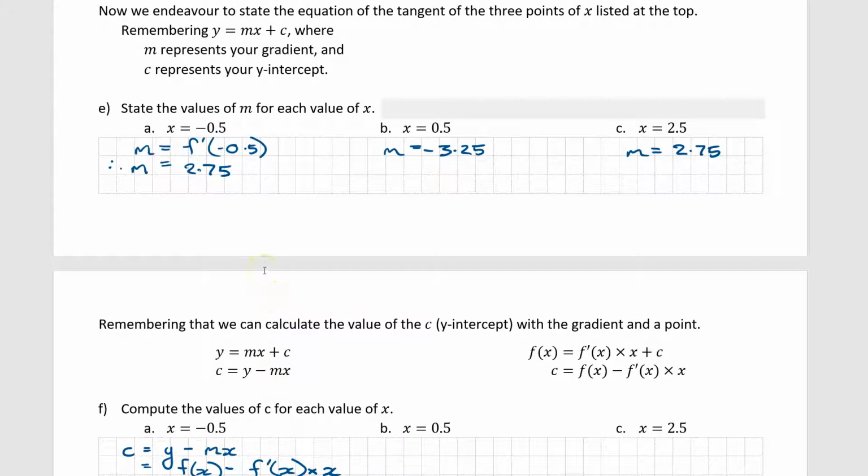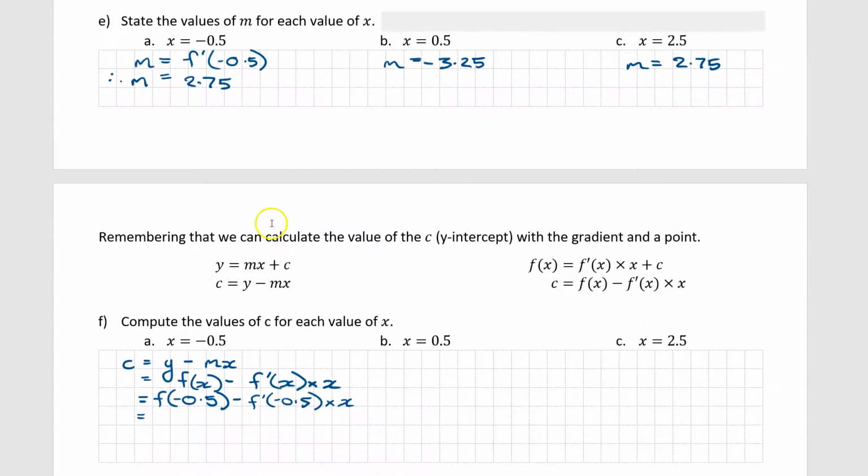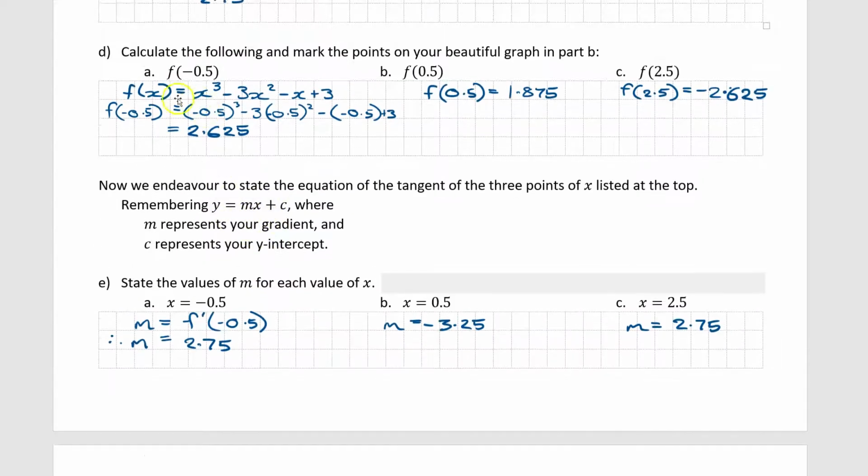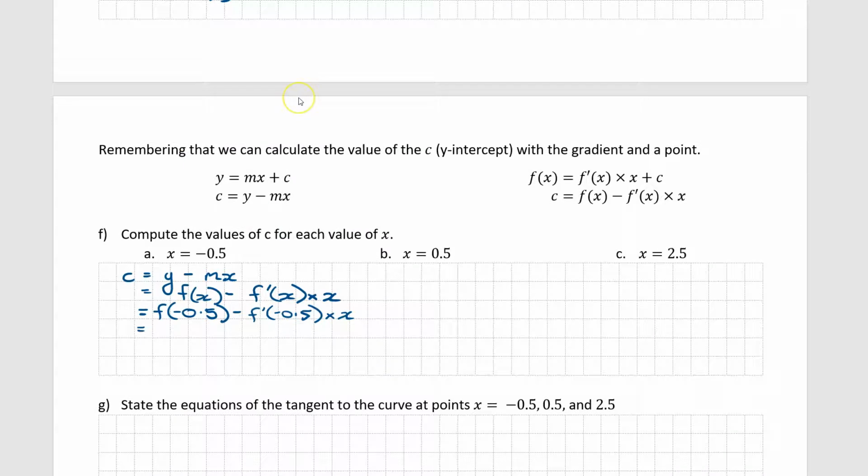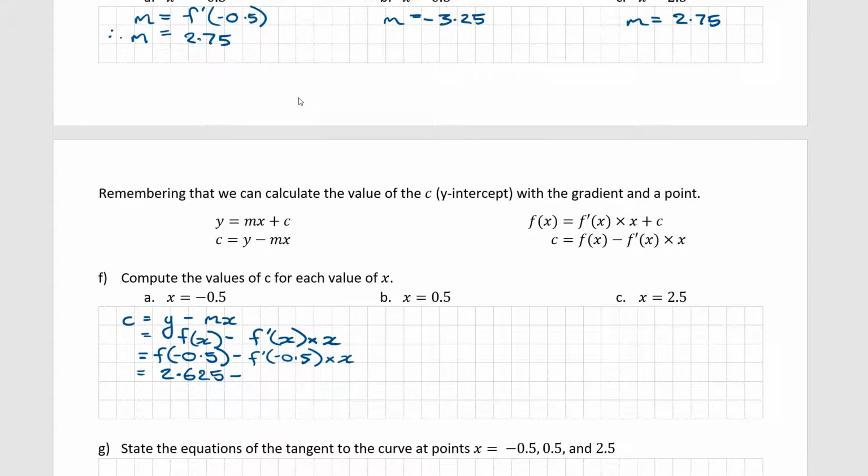So in this case, the gradient's 2.75. Actually, I'm ahead of myself. The value of y, or the vertical value for f of negative 0.5, is 2.625. And the gradient is 2.75 times negative 0.5.